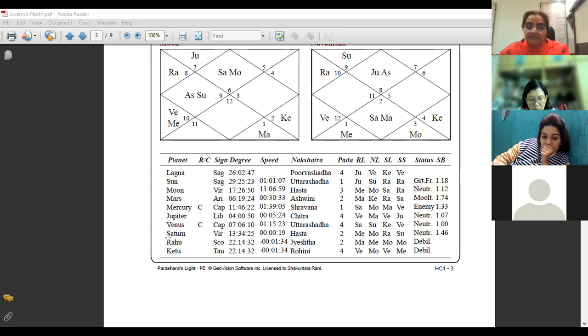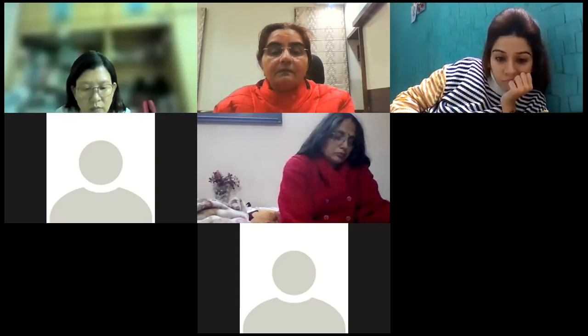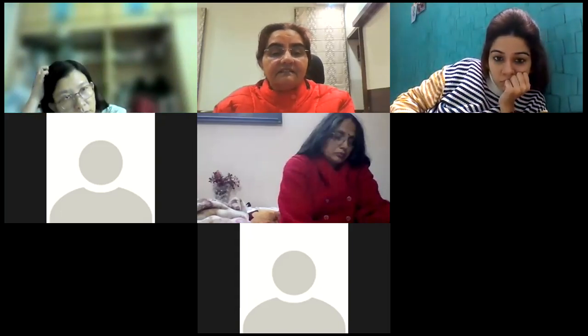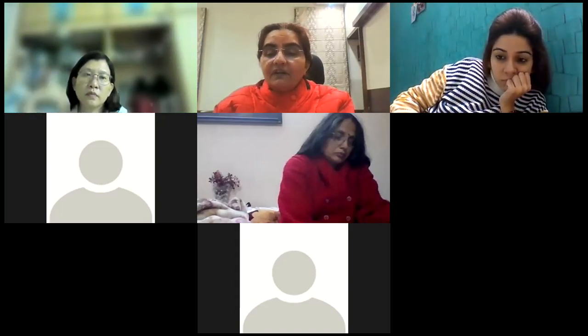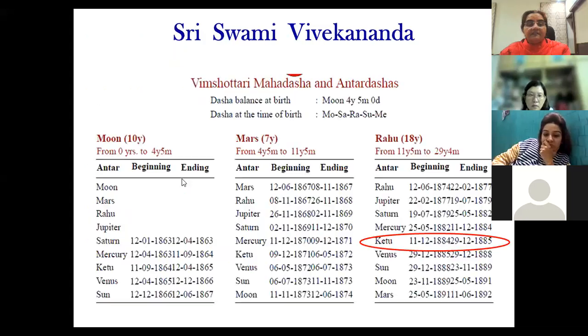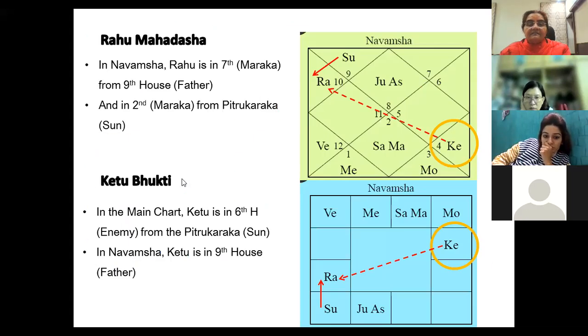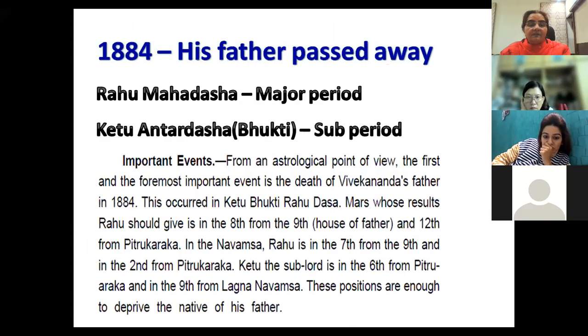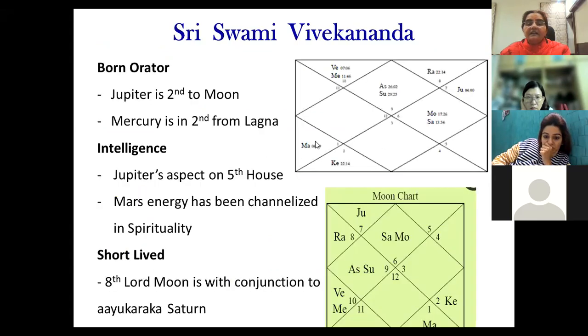And Saturn, this will also come. Saturn is in Hasta Nakshatra, and Hasta Nakshatra is owned by Moon. And this combination, otherwise also we can see this influence is already there. If you see it in the chart, you don't need to check the nakshatra. It is already there. Mars is anyways aspecting Jupiter.